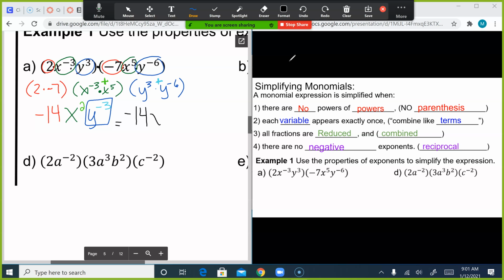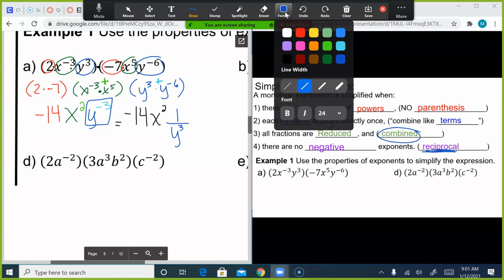The x squared is going to stay. But for the y to the -3, remember when the exponent's negative, I use the reciprocal and I make it a fraction. So I'm going to make this 1 over y to the +3. However, we don't leave our final answer like this because right here, they're reduced, but we got to combine them together. So we need to combine this into just one final answer in the end.